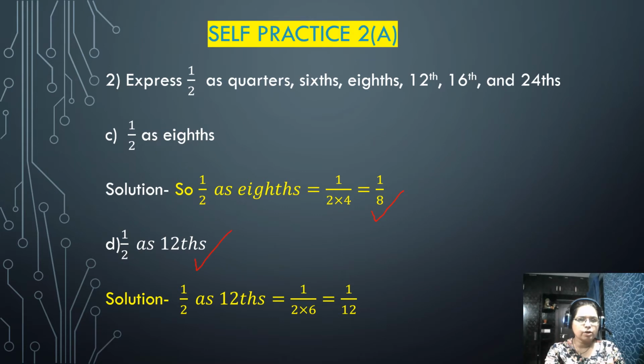We know 2 multiplied by 6 is 12. So half, 1 divided by 2 multiplied by 6, equals 1 divided by 12. So we have expressed half in eighths as 1 divided by 8, and half in twelfths as 1 divided by 12.